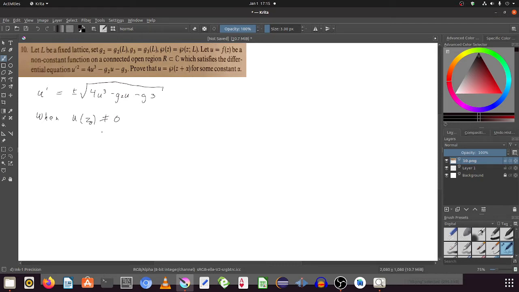Let's just take it at a point. So if at some point it's distinct from 0, then there is a neighborhood, a solution in a neighborhood of Z0.